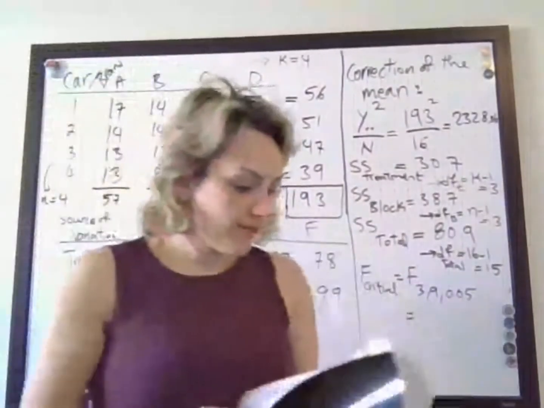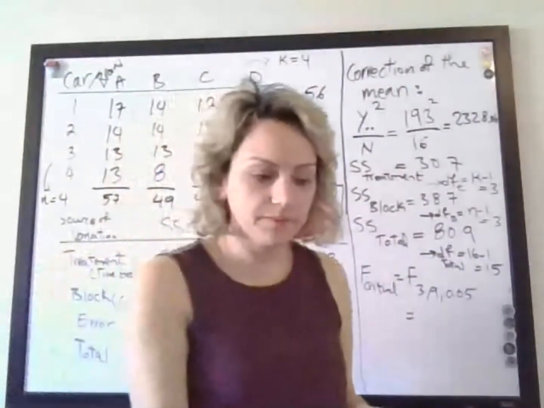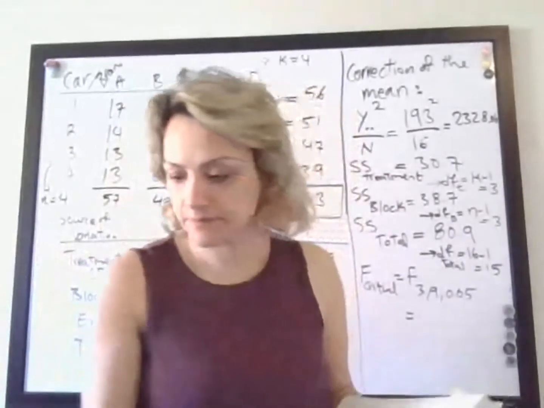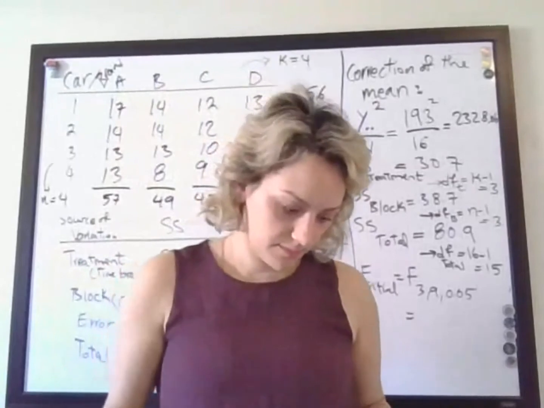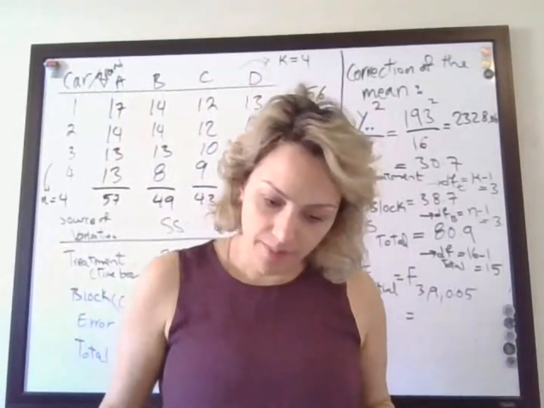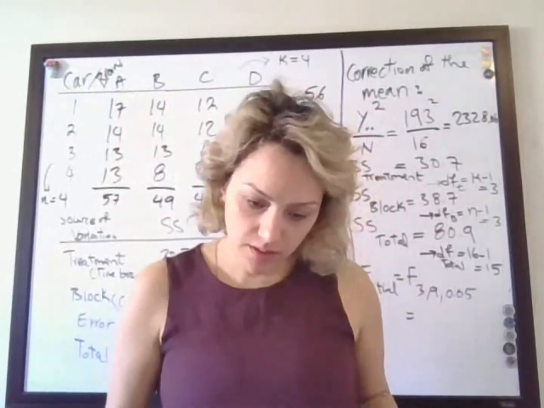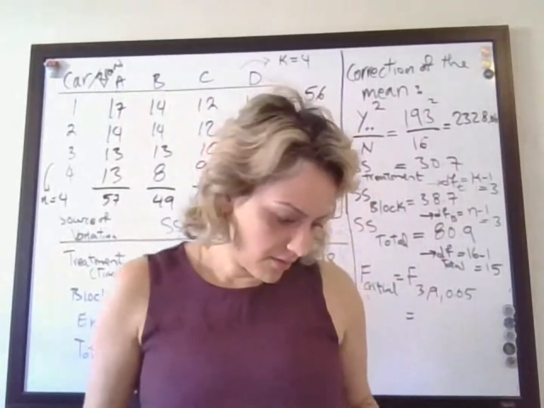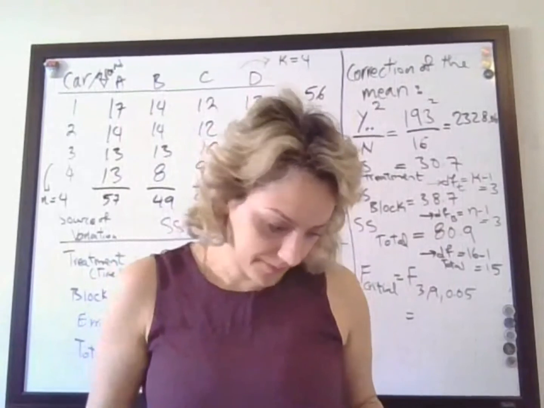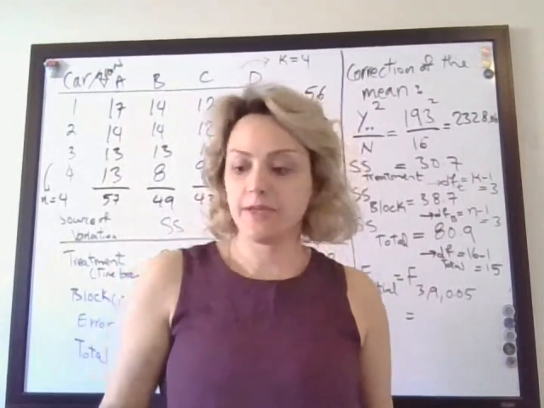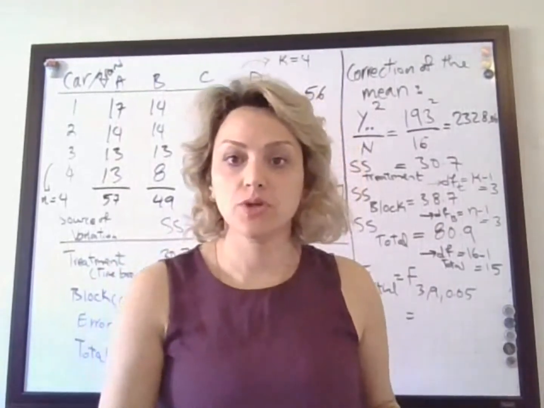Okay, we go to the F table. And from the F table, for the 0.05, I'll show it on the screen.